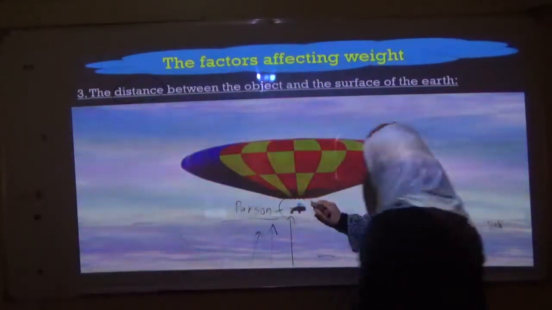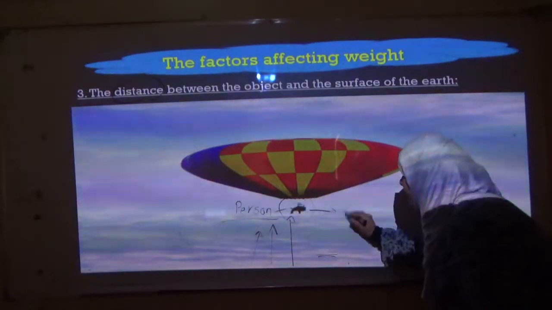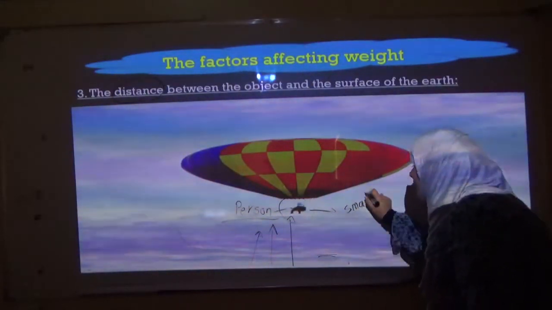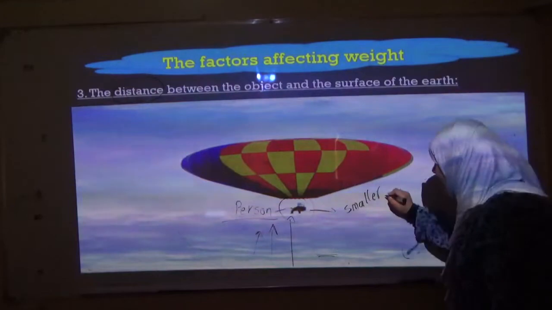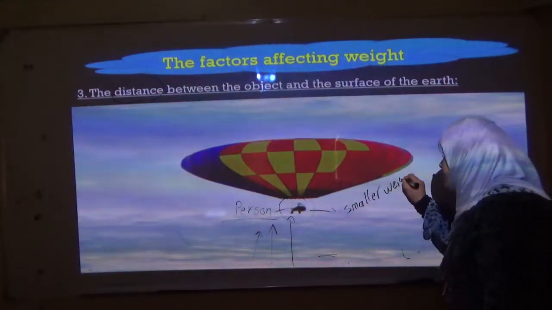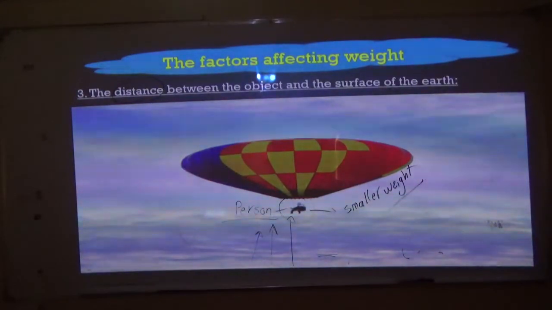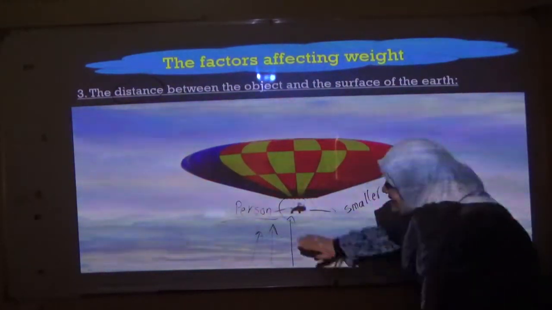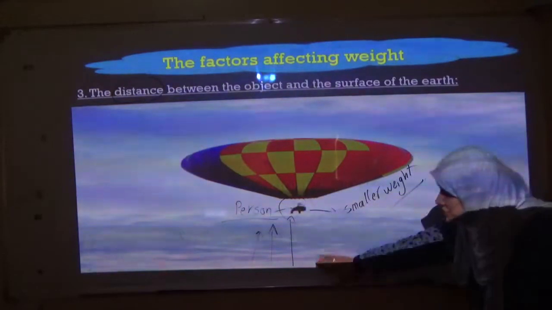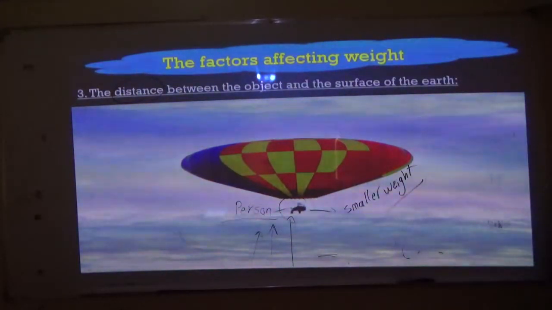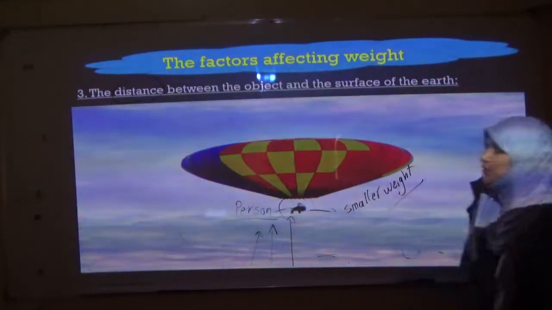So the person in the flying balloon will have a smaller weight, because as we move away from the Earth's surface, the gravitational force decreases and the ability of the Earth to attract our bodies will decrease. So we can say that by increasing the distance between the object and the surface of the Earth, the gravitational force decreases and the weight will decrease.